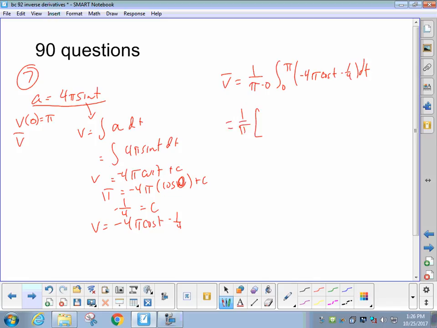The antiderivative is negative 4 pi sine t minus 1/4 t from 0 to pi, and then evaluate correctly, and you're rolling. You good? I do apologize for not giving you more room. I imagine the sine expressions will drop out, and it'll just be about the t expression that's staying, yeah?